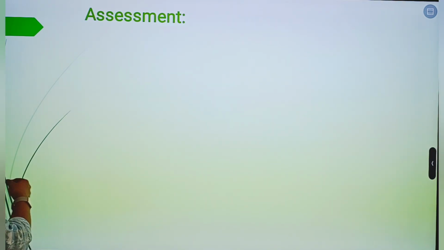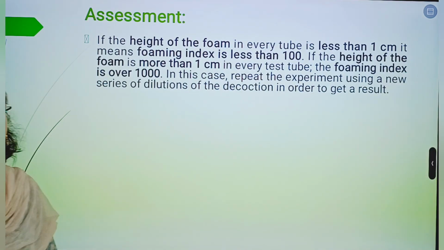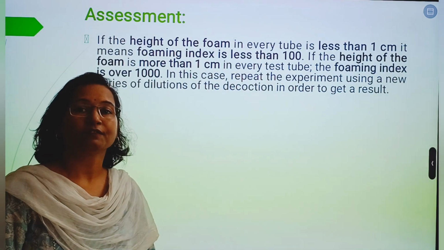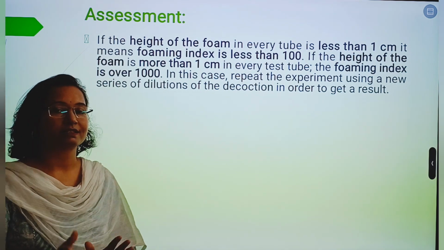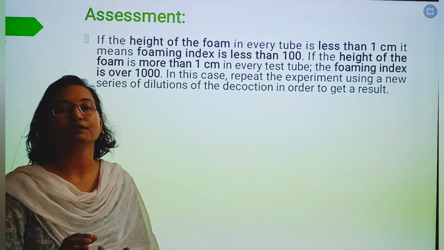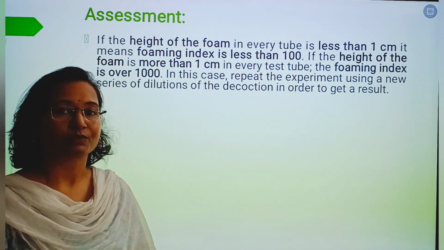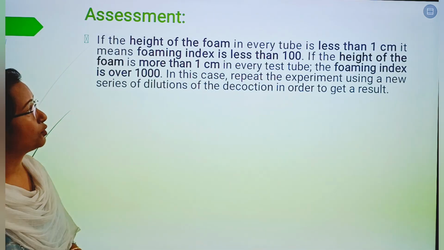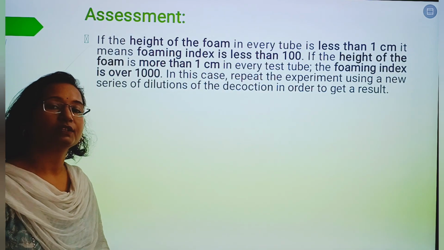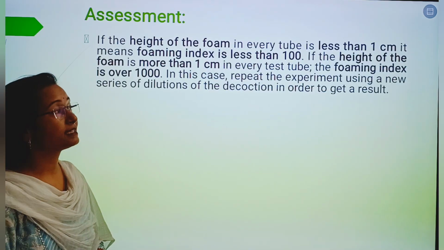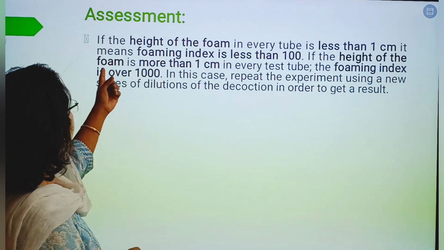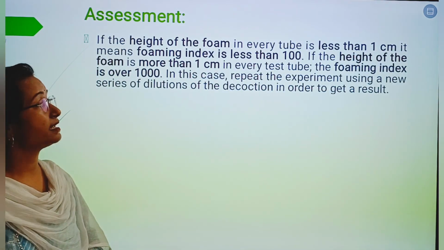Now, when we talk about foaming index, how do we assess it? Usually, the foaming index is assessed based on the height of the foam formed in the extract. We usually use test tubes. If the height of the foam in every tube is less than 1 centimeter, it means the foaming index is less than 100.